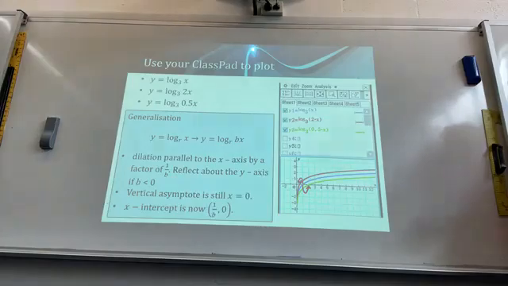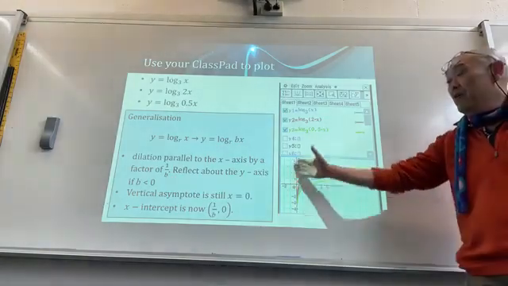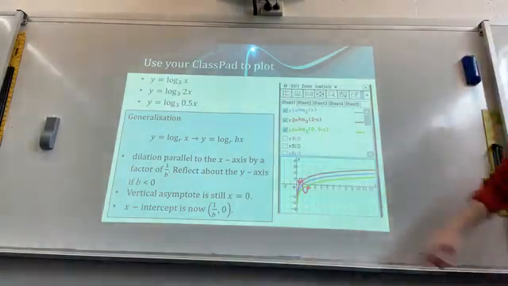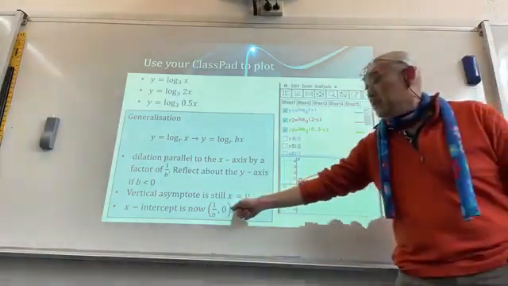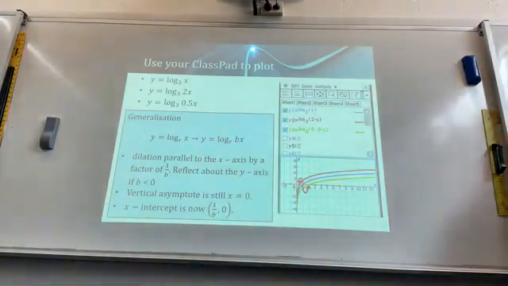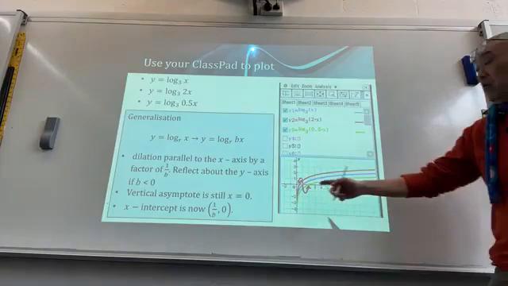Alright? Vertical asymptote is still 0, and x-intercept is now (1/b, 0). That is important. You can recognize it. Now the thing is, you should be able to write the domain. What is the domain?